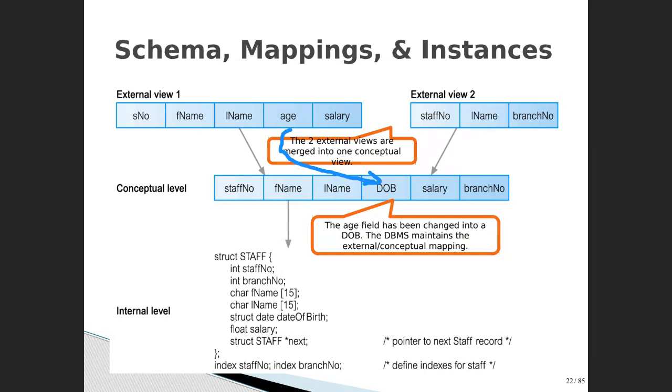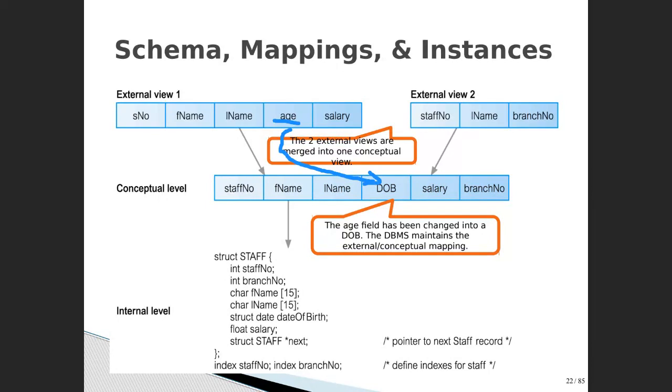So it has been changed into date of birth here. Why? Because the mapping between them will be maintained. Even if we don't have date of birth here, alternatively we have age, but it means that it's mapped with it. The database management system ensures mapping between them.